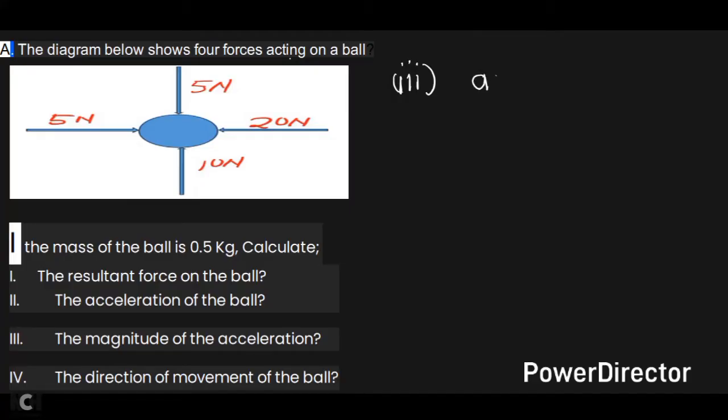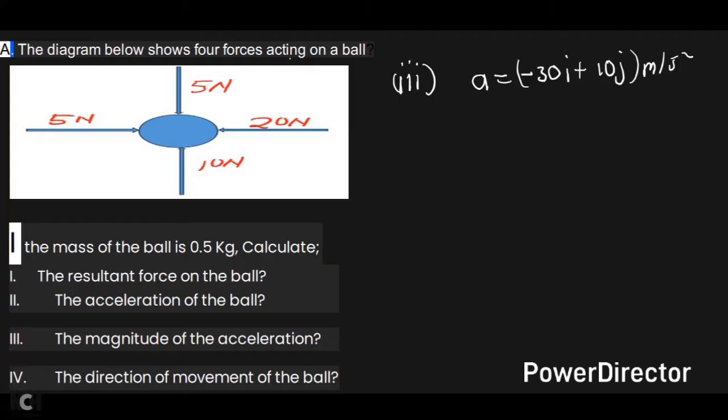What is the acceleration that you have found? You have found that the acceleration is negative 30i plus 10j. Now they're asking for the magnitude of the acceleration. So how do you find the magnitude of the acceleration?